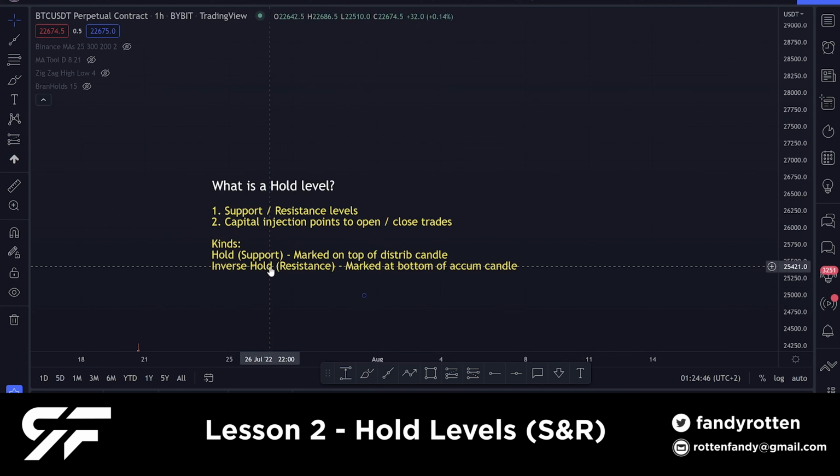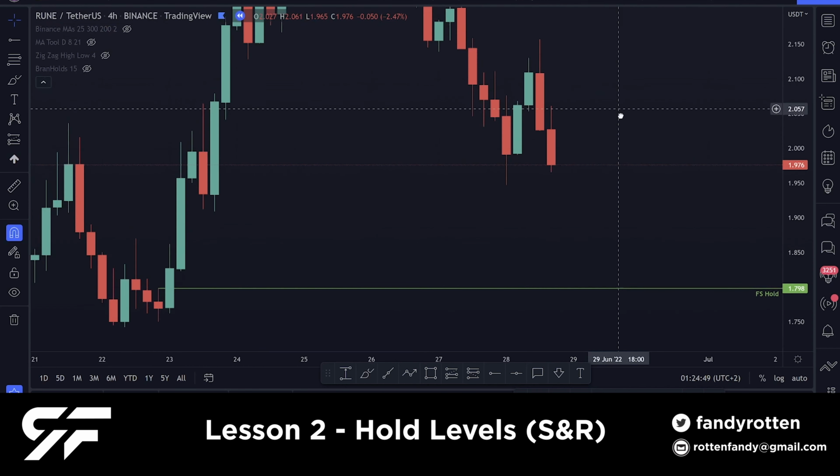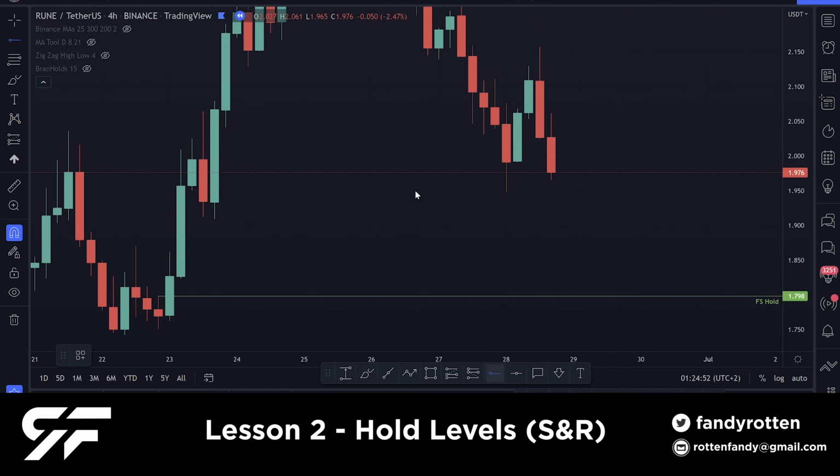Now the inverse hold, resistance on the other side, would look something like this, right? Technically, it's kind of tested over here. I'll put this on the body because this wick over here is internally tested, which is a concept that we'll talk about in a few minutes, okay?